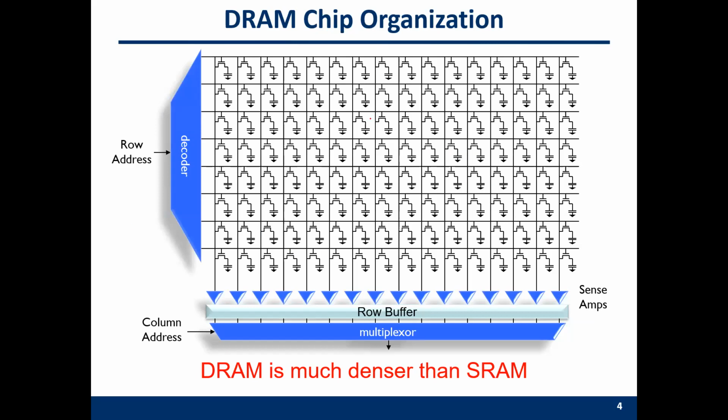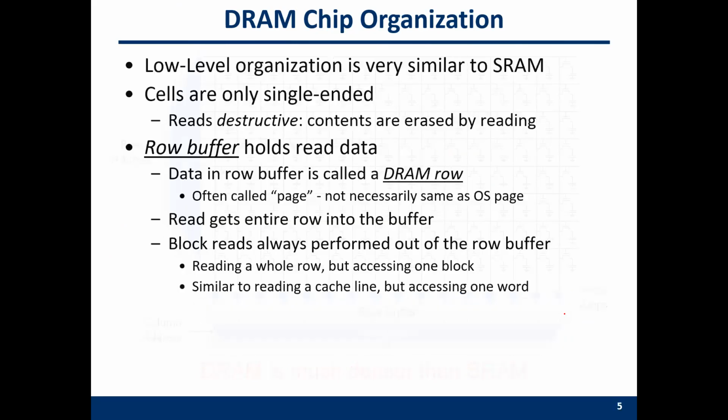So this is the organization of the DRAM memory. It's similar to the SRAM. You just need to replace the SRAM cell with the DRAM cell. You also need a row decoder and a column mux. But the DRAM is much denser than the SRAM because the cell area is smaller. The DRAM cell is single-ended. Each read is destructive, which means that each read operation will destroy the content in the cell. I will talk more on this.